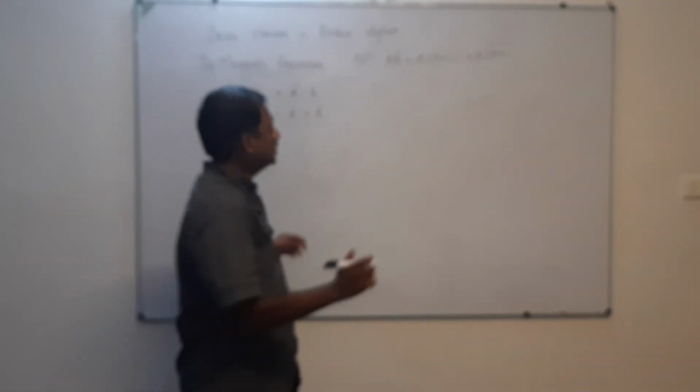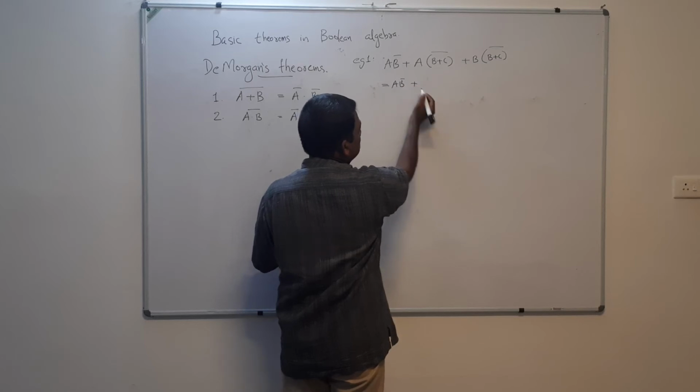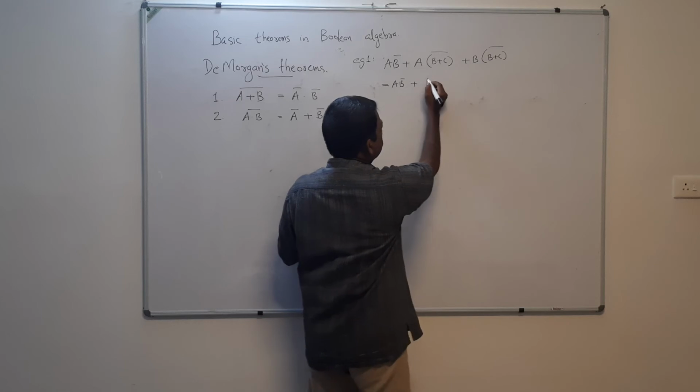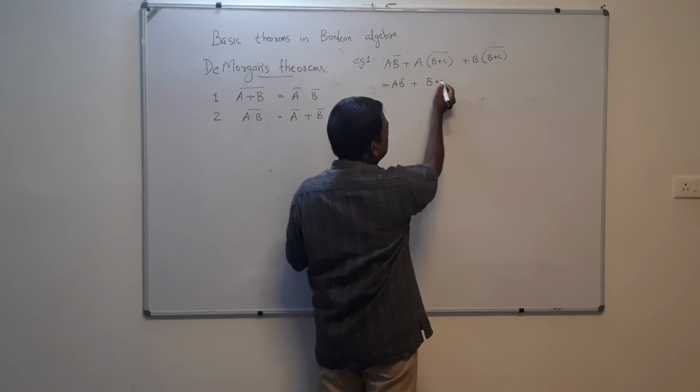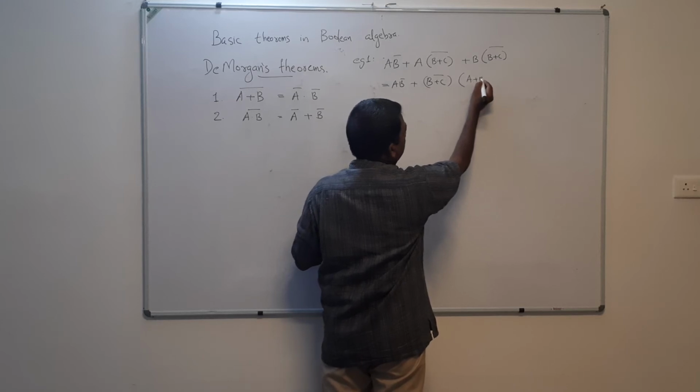Okay, this is equal to AB bar plus, here B plus C the whole bar is common for these two. So I am going to have B plus C the whole bar into A plus B.